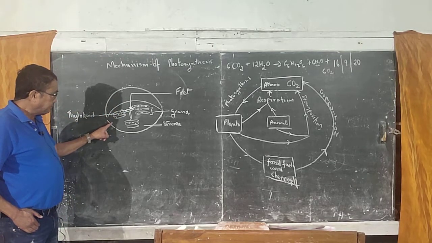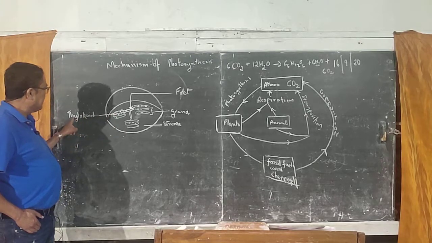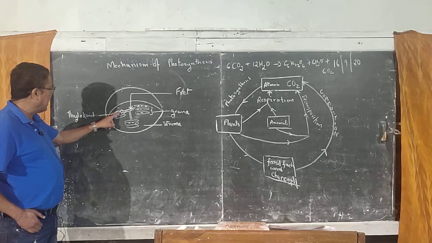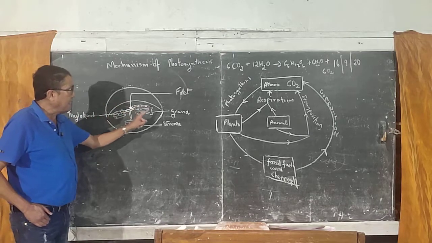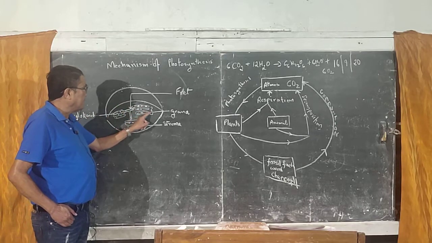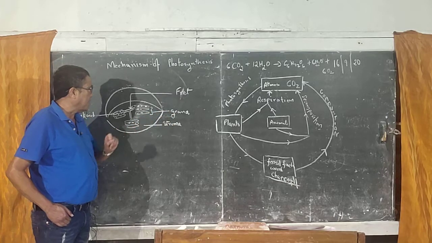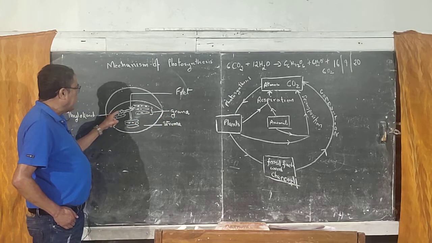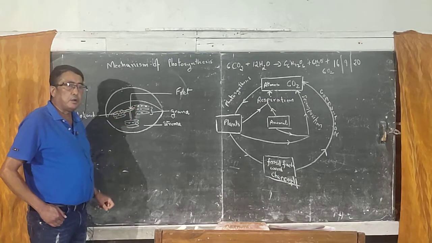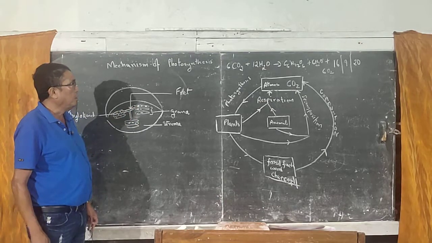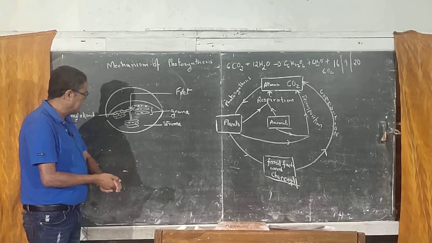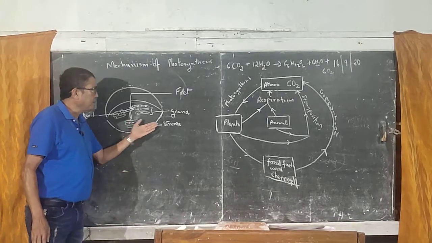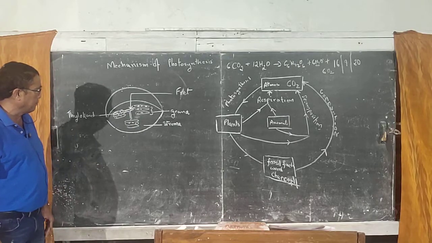Chloroplast contains sac-like structures inside called thylakoids. These thylakoids together form the grana, and in the thylakoid or grana we find chlorophyll, which is very essential for photosynthesis. Then we find the fluid called stroma.